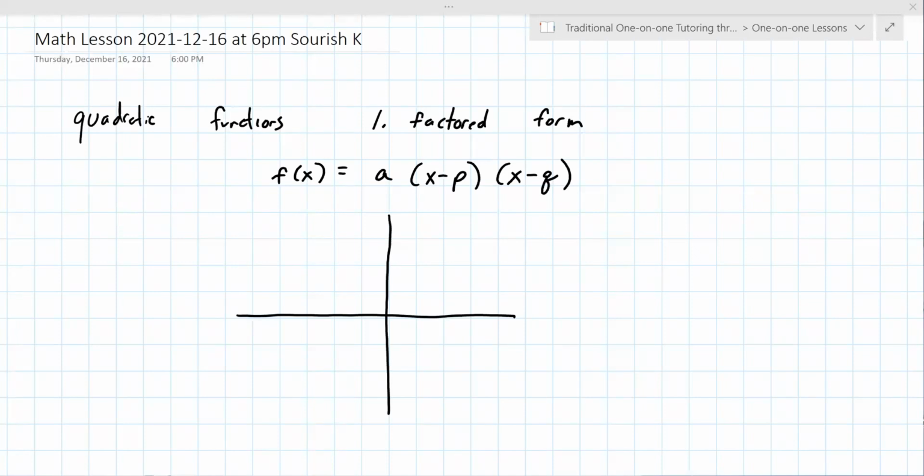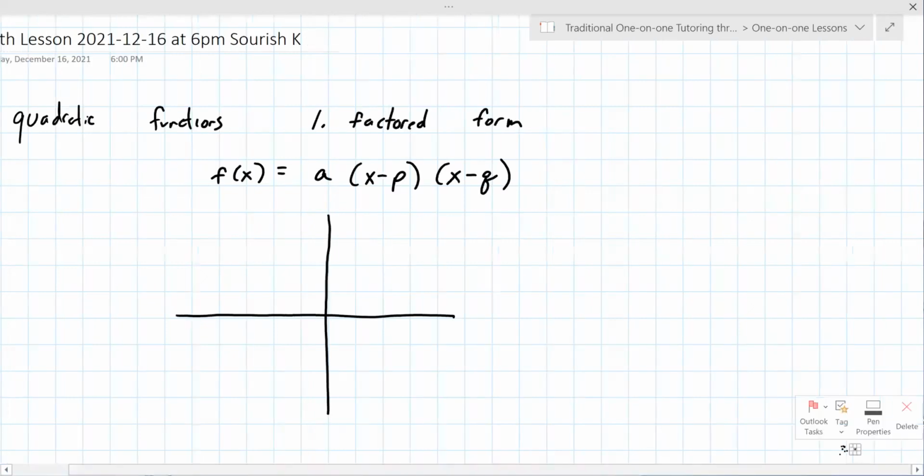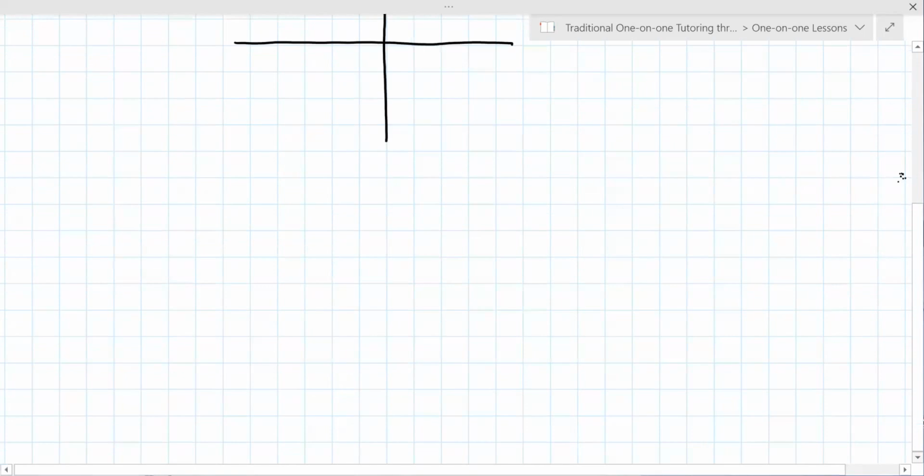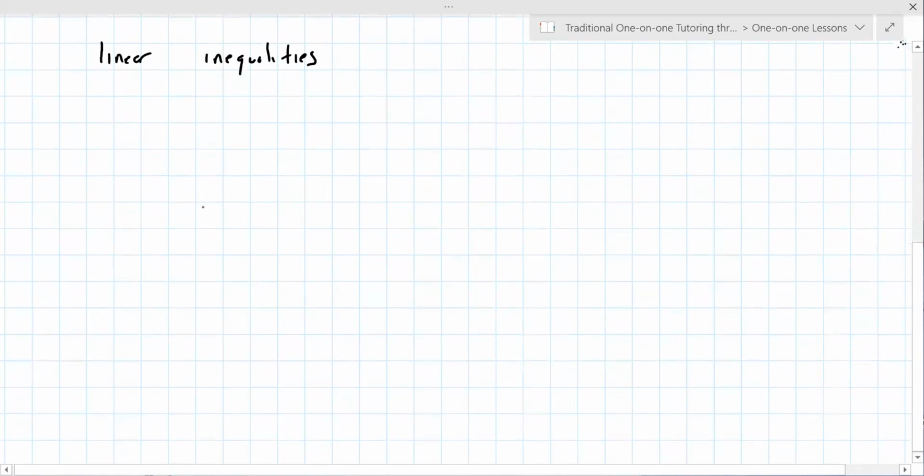So let's look at linear inequalities, and let's start with a number line.